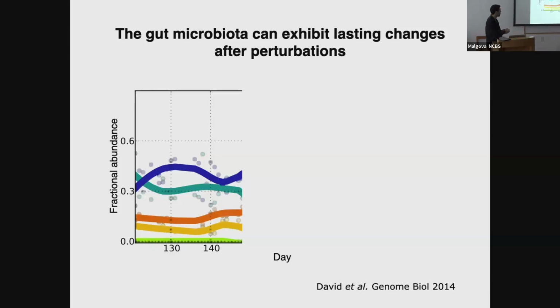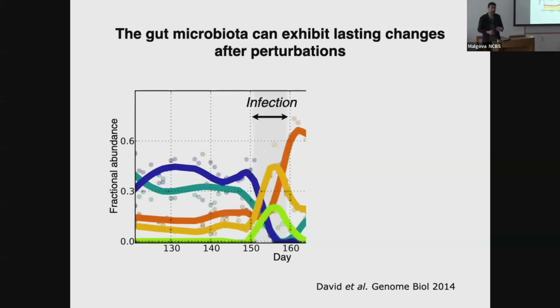Scientists were monitoring the state of the gut microbiota, and these 4 groups are more or less in a stable state in terms of relative abundances over different weeks. But one day, this individual got an infection.